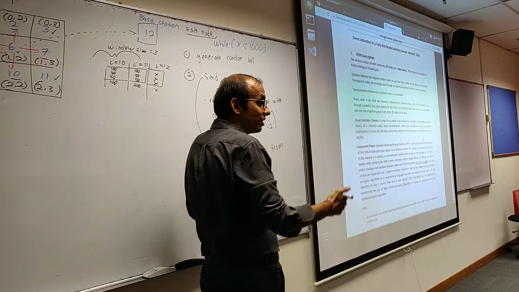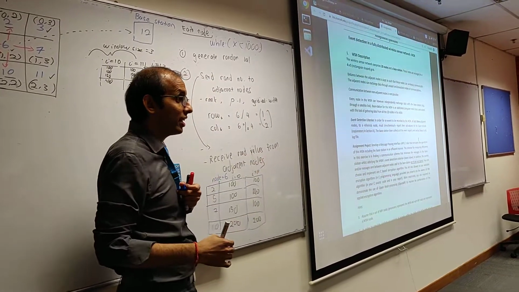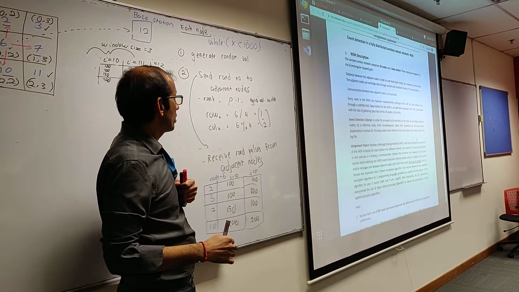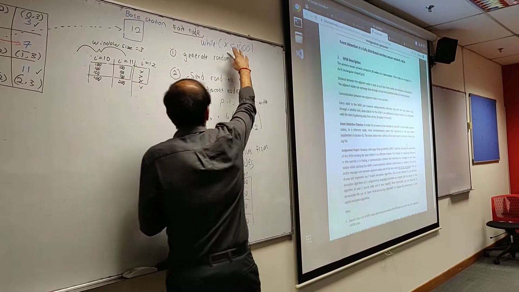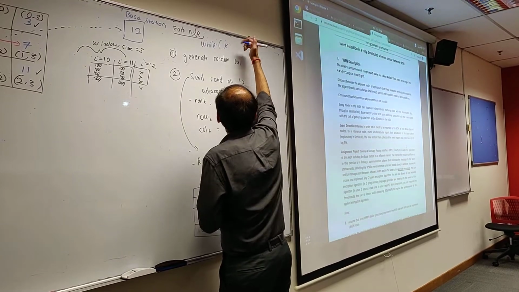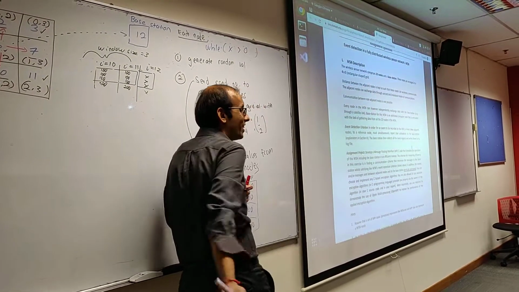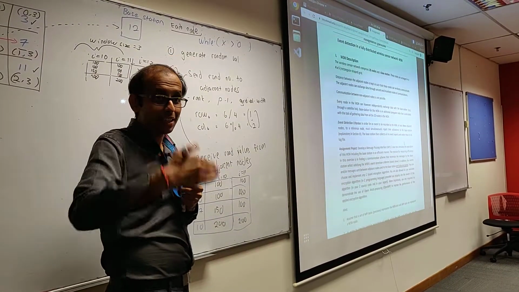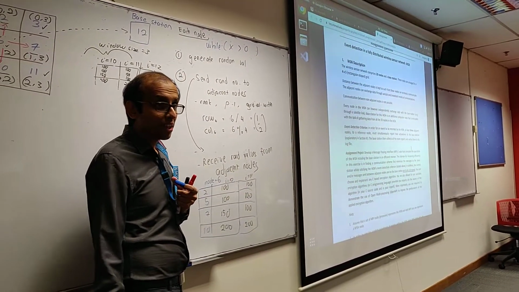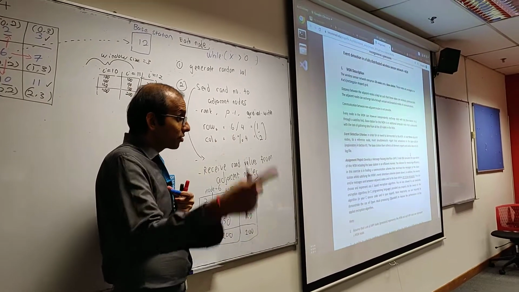X is a counter, then every time you decrement the counter until, maybe this is a bad one. Sorry, maybe I should put while x is larger than 0. Maybe you set x to 1000, then you decrement it until x becomes 0. So you can run it for 1000 times.